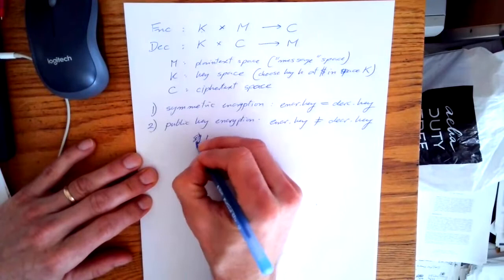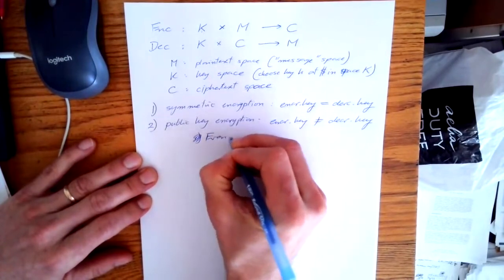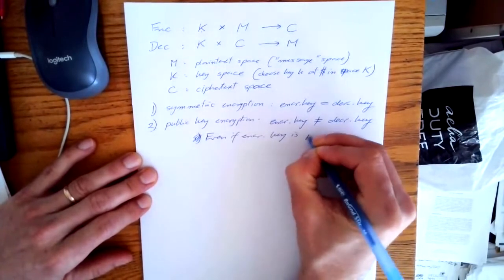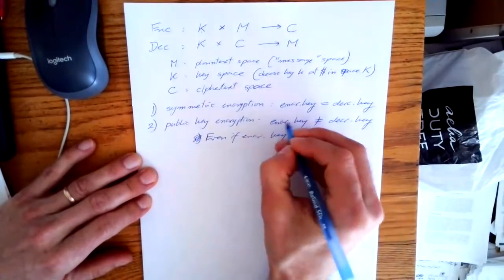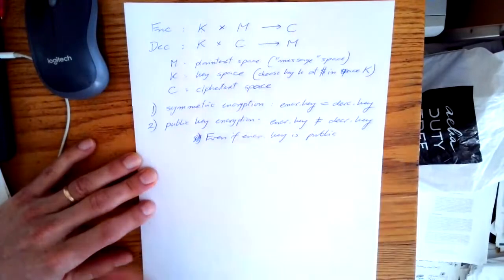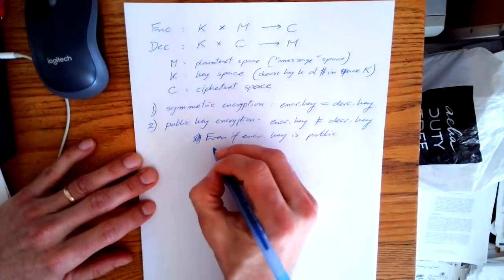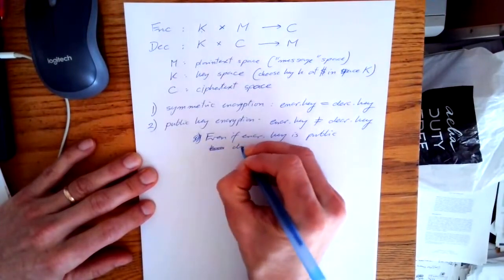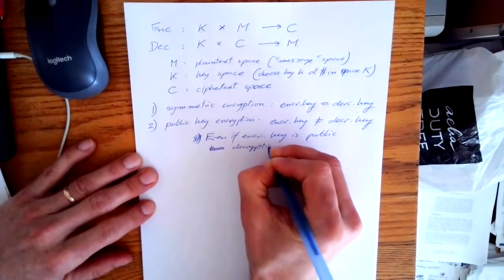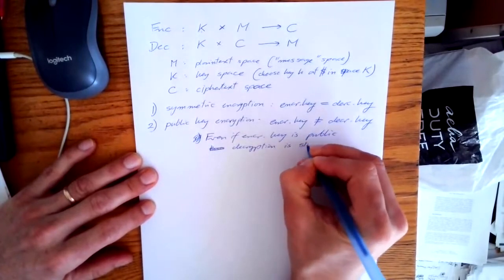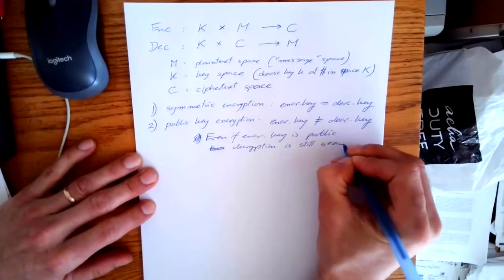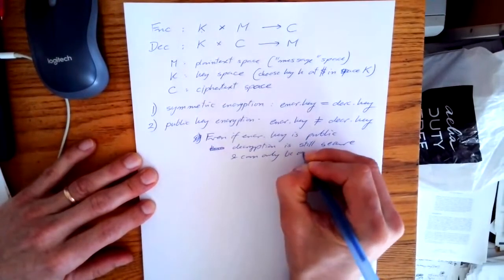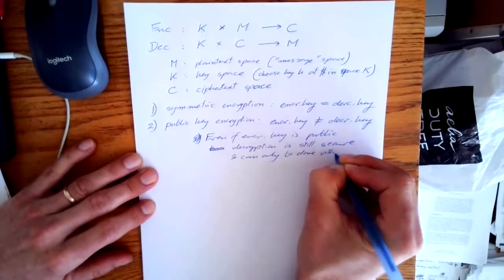And not only are they syntactically two different strings, moreover, even if the encryption key is public, so you broadcast this public key widely all over the world, decryption is still secure and can only be done with the decryption key.